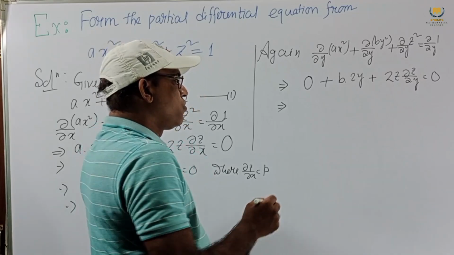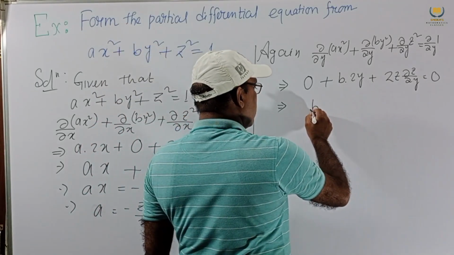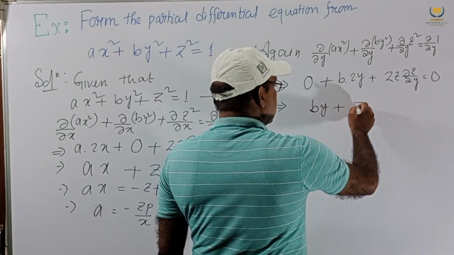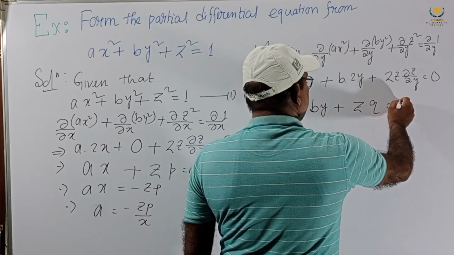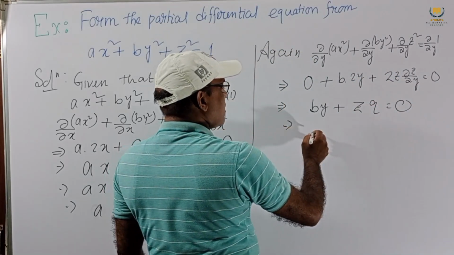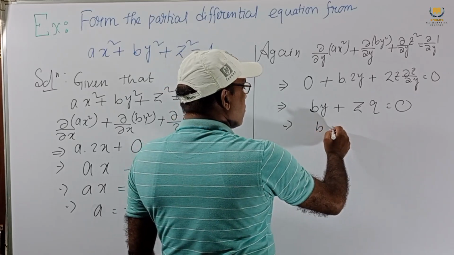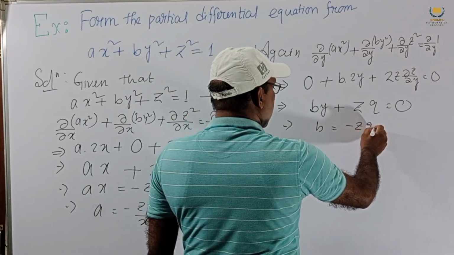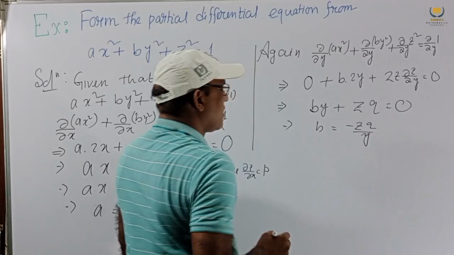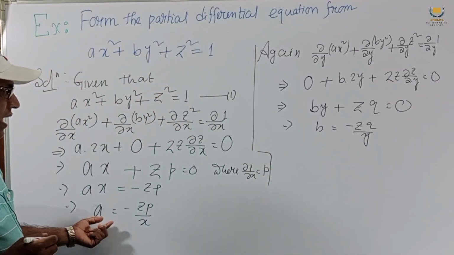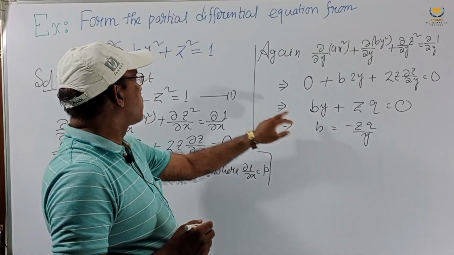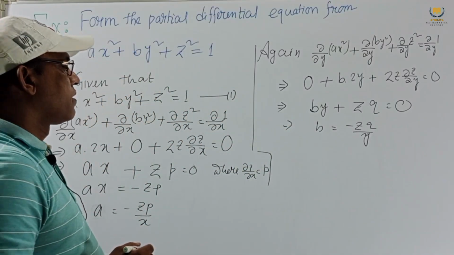Dividing both sides by 2, we get by z, these 2 cancel, del z by del y means q, and b equals minus zq by y. So we get this one. We get the values of a and b, and these two values we put in equation number 1.